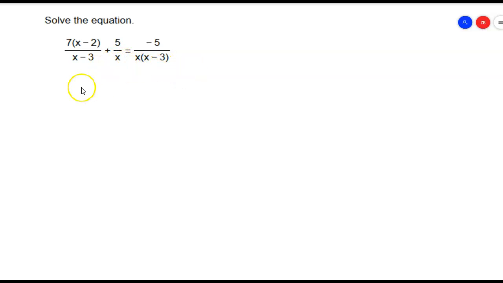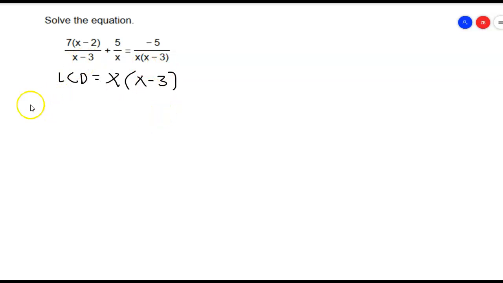So those are going to be our two factors. So we're going to let our LCD equal x times x minus 3, because all of our denominators have at least one of those factors, and this one has both of them there.